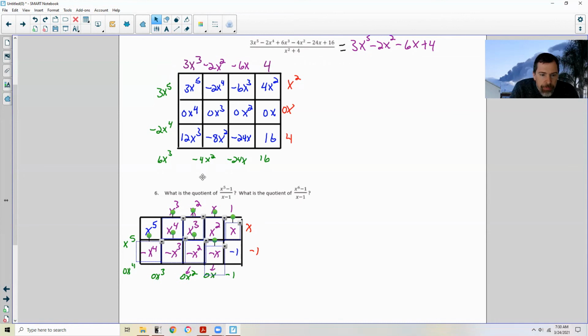Let me change them. Okay, so those are all blue. Okay, so here is our numerator, here is our denominator, and I just need to finish up that top term here. X times x to the fourth will give me x to the fifth. So this quotient is going to equal x to the fourth plus x cubed plus x squared plus x plus 1.